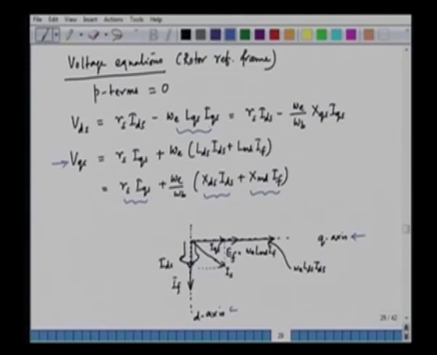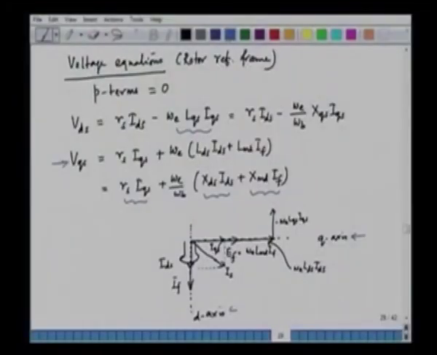So we can show that this is minus omega e LQS into IQS. This is again an induced EMF which is shown as a phasor. Then we can add the resistance drops. Now, the resistance drops are Rs into IQS, which will be in the q axis, and then Rs into IDS, which will be in the d axis.